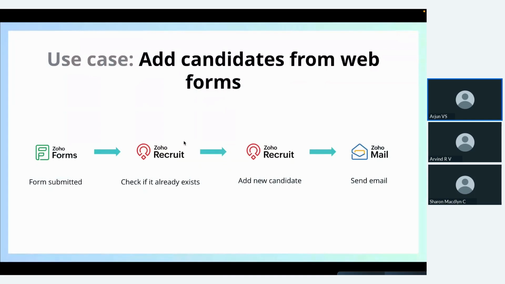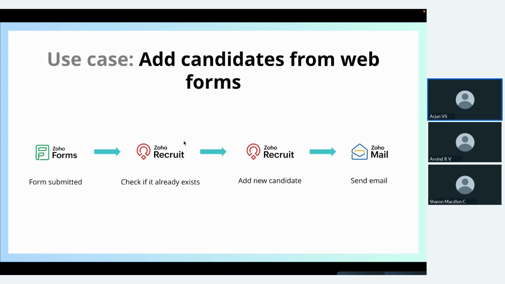All right, so we'll go to the first one. In this one, I think it's kind of similar to what we discussed in the demonstration. So let's say you have a website and a page for candidates to fill in their details and apply for a particular role. You would have a form to collect their information, right? So let's say that you're doing it via Zoho Forms.